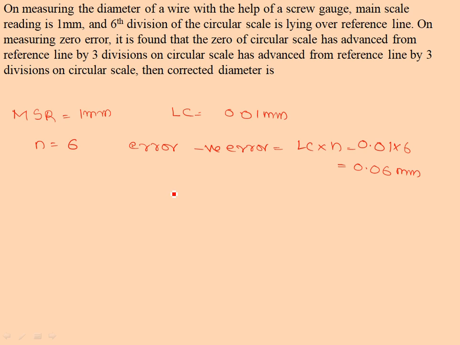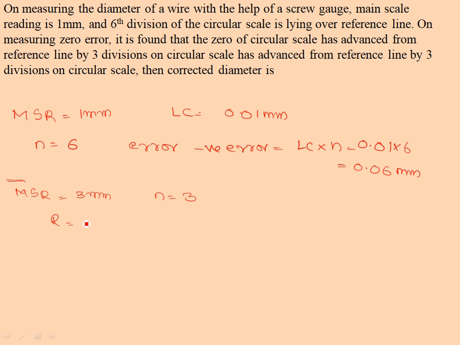Now it is found that the 0 of the circular scale has advanced by 3 reference lines. One reference line has a value of 1 mm, so with 3 reference lines, the main scale reading when the object is placed will be 3 mm. On the circular scale it has advanced 3 divisions, so the vernier coincidence is 3.